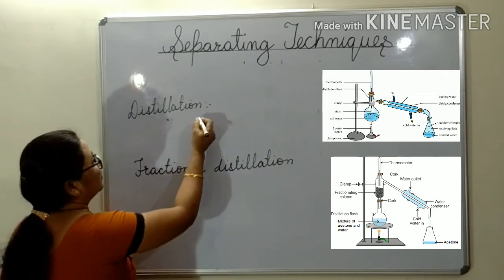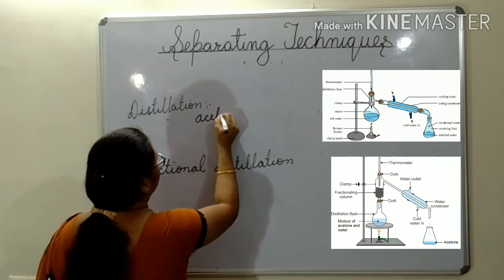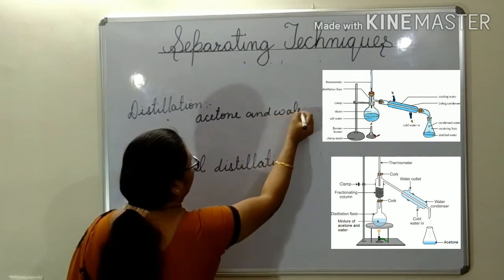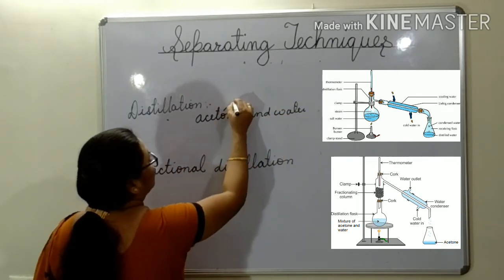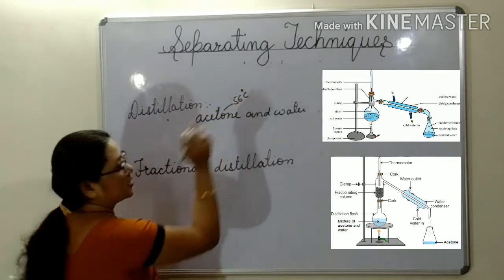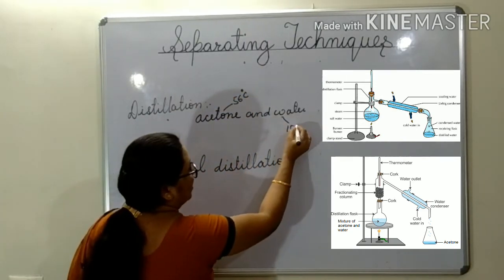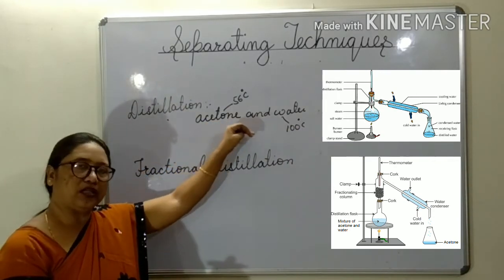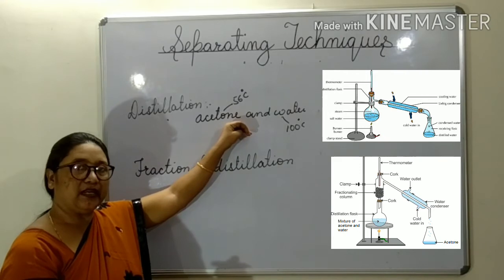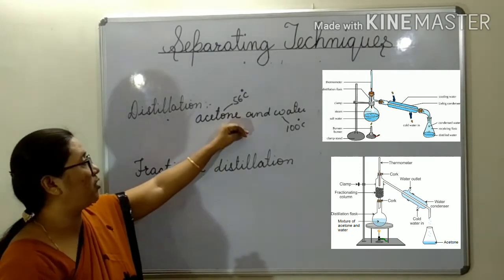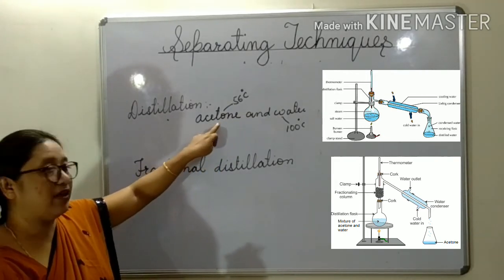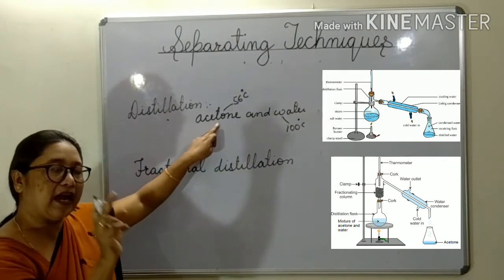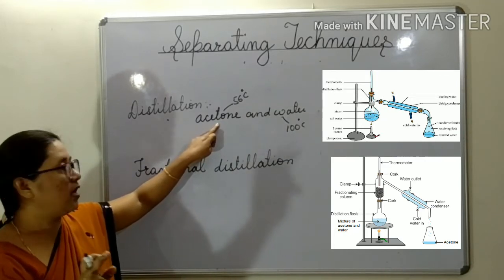Suppose we take a mixture of acetone and water. The boiling point of acetone is 56 degrees Celsius and water is 100 degrees Celsius. So when the mixture of acetone and water is boiled in a distillation flask, one thing is very necessary: you have to keep watch on the thermometer attached to the distillation flask.